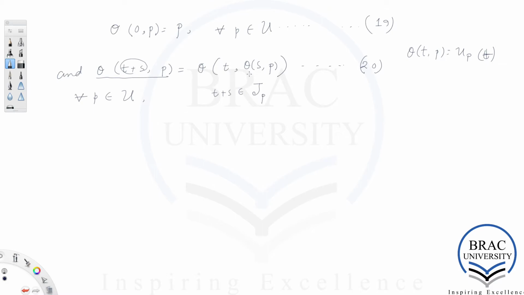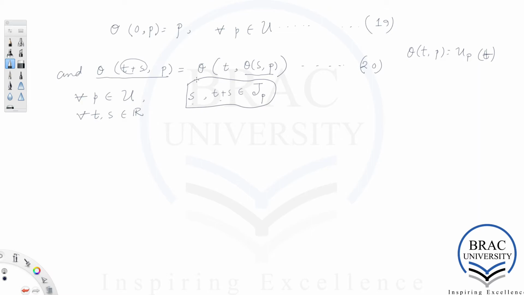Since we are writing this, S is expected to be in J sub p as well, right? And we want t and s to be in R. Okay. And s, t plus s, they both need to be in this maximal interval of existence, J sub p.